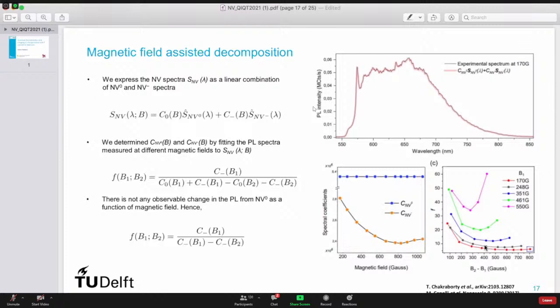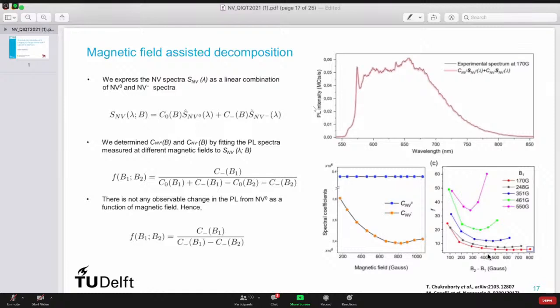So a lesser value of f signifies a large change in the NV minus fluorescence. So to do the spectral decomposition analysis with highest efficiency, we should choose the value of f to be minimum. In our case, we can see that the square box represents the value of f which we used in our analysis, which is very close to the minimum value of f we could get in this field range.